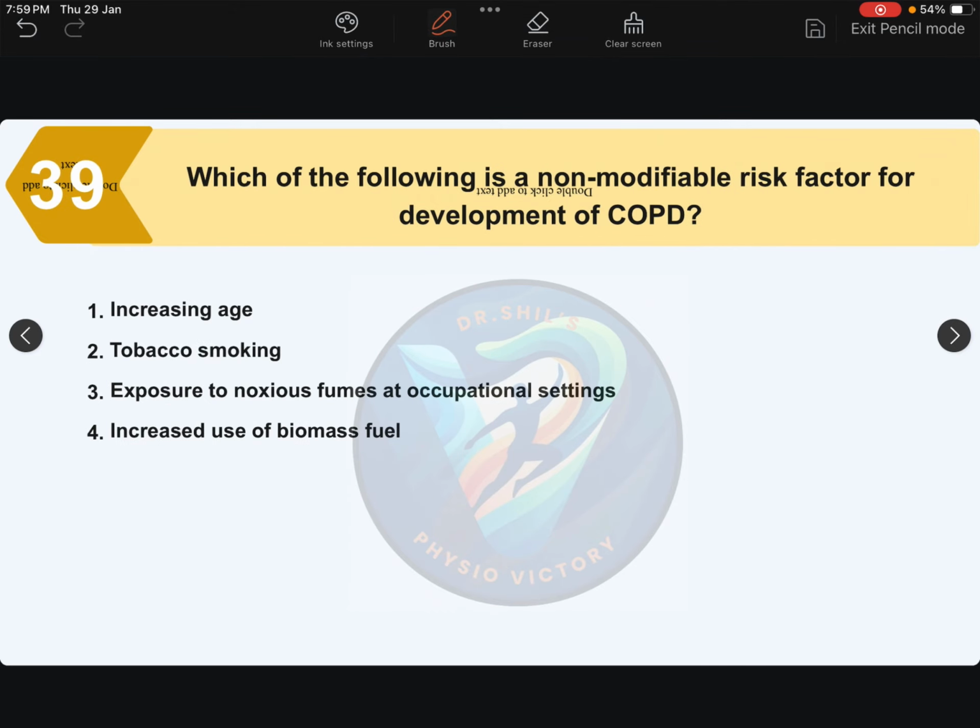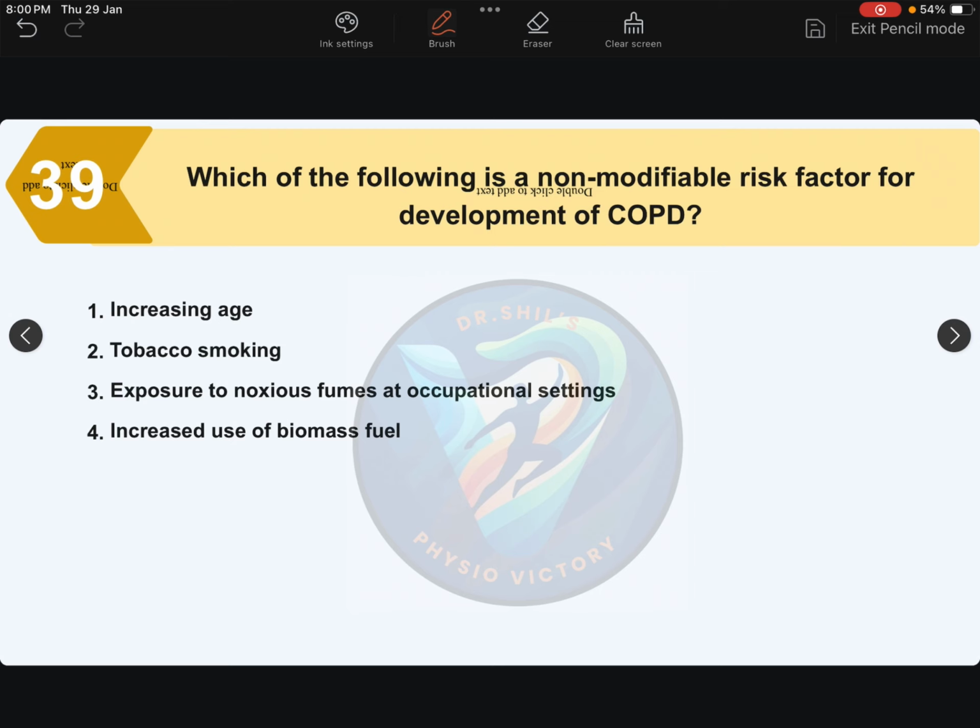Next, come to question number 39. Which of the following is a non-modifiable risk factor for development of COPD? Option 1, increasing age. Option 2, tobacco smoking. Option 3, exposure to noxious fumes at occupational setting. Option 4, increased use of biomass fuel.